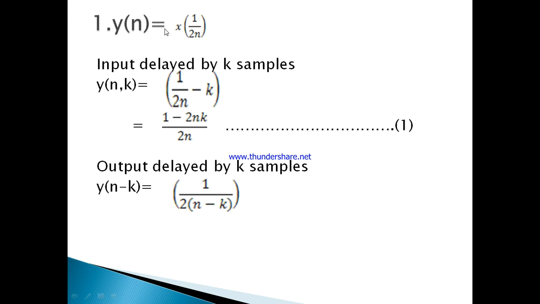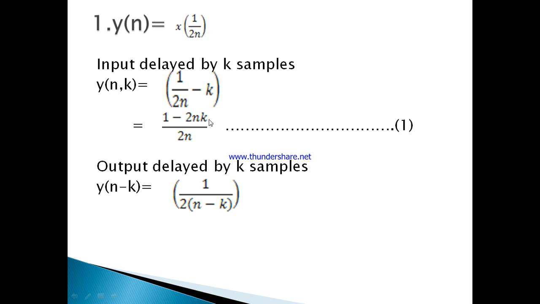For determining whether the system is time variant or time invariant, first we delay the input by some k samples. Input delayed by k samples: y of n comma k equals 1 by 2n minus k.